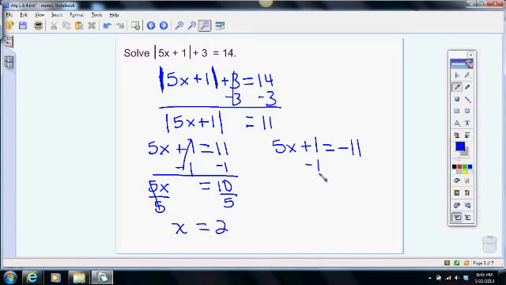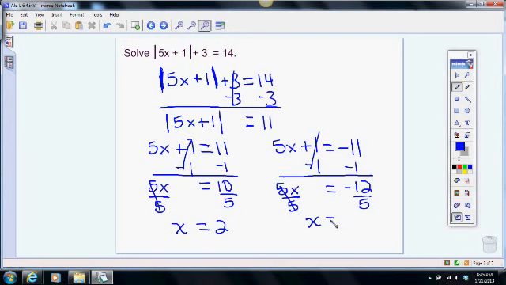Doing the same over here, we subtract 1 from each side. Bring down your 5x. Your 1's cancel. Bring down your equal sign. Negative 11 minus 1, negative 11 plus a negative 1. Either way you look at it, you're going to get negative 12. And then divide both sides by 5.